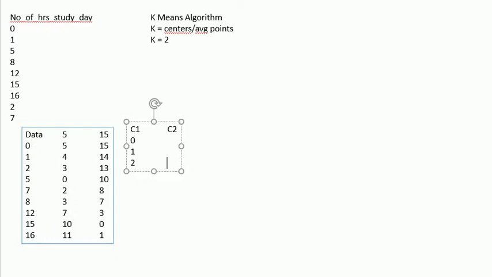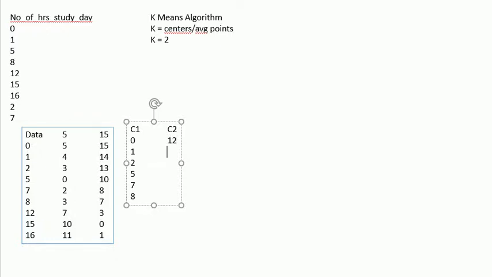After 2, we have 5, obviously nearer to 5, and then 7 is also nearer to 5, and 8 is also nearer to 5. Then 12 is nearer to 15, so I will write it in group 2.